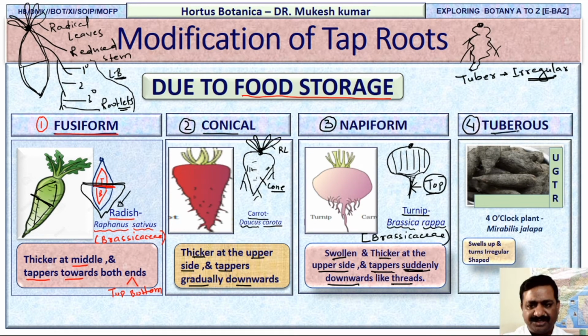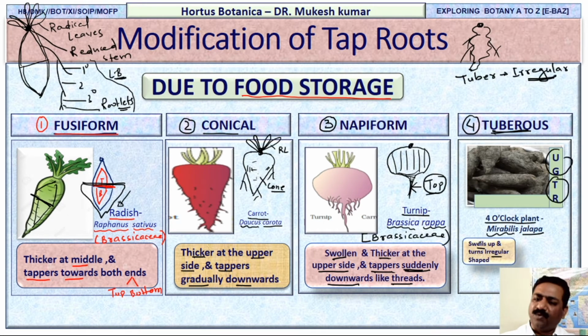That's why it is called a tuberous structure. Very common in the floriculture plant. Scientific name is Mirabilis jalapa. This is an underground taproot that swells up and turns irregular. That's why it is called tuberous, found in Mirabilis jalapa.